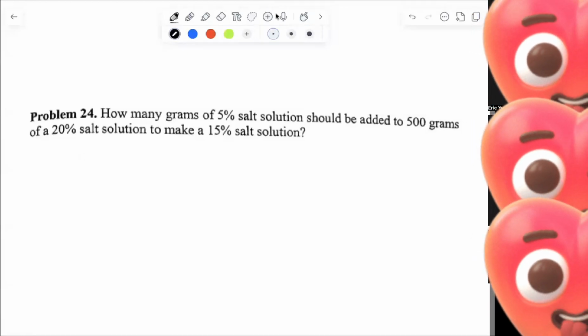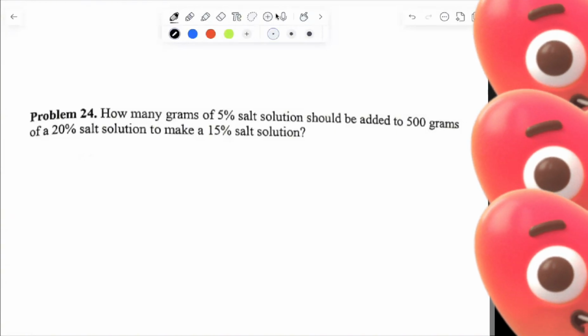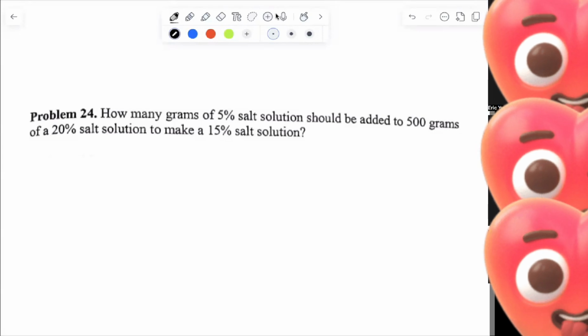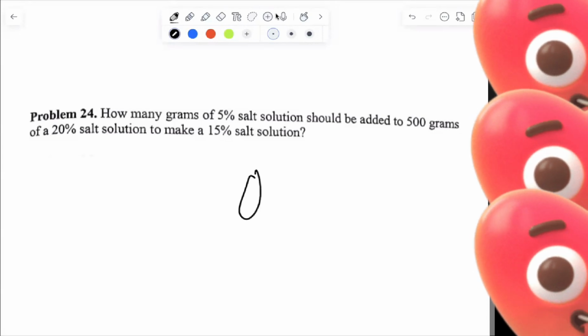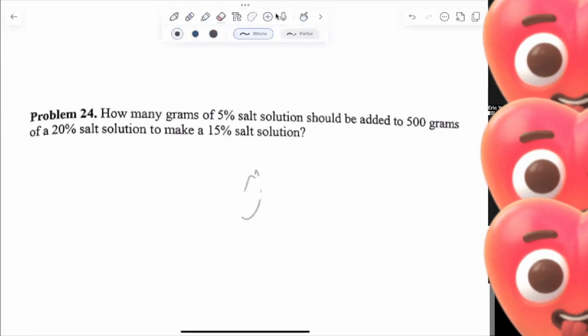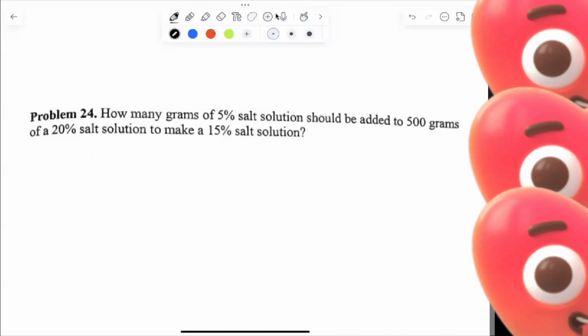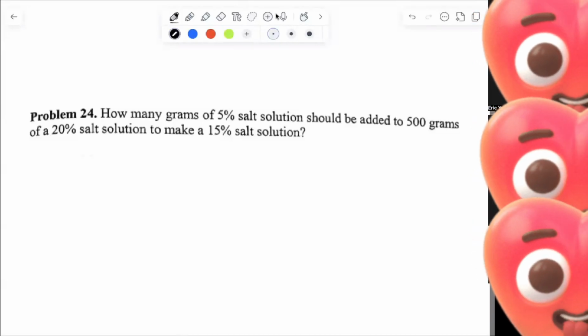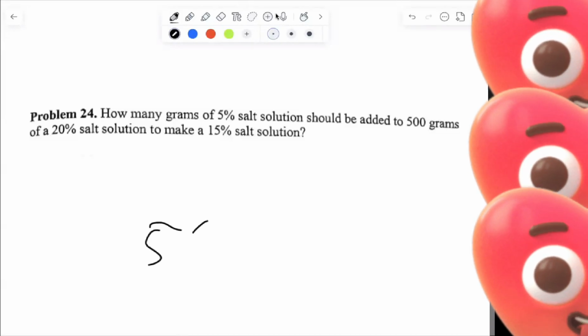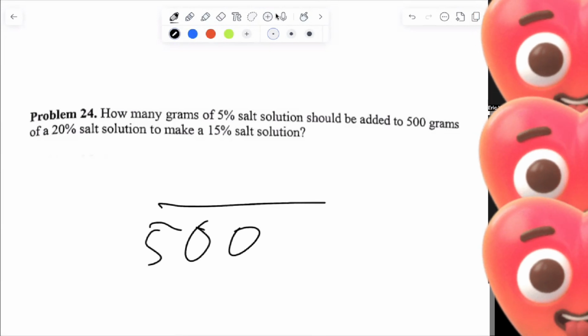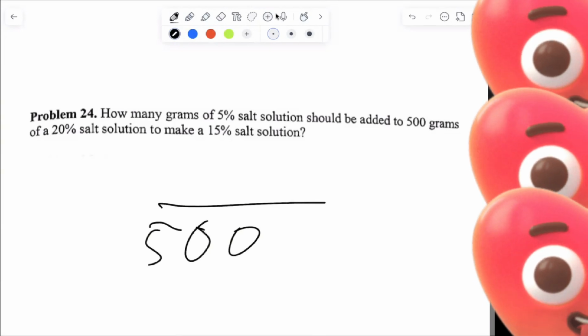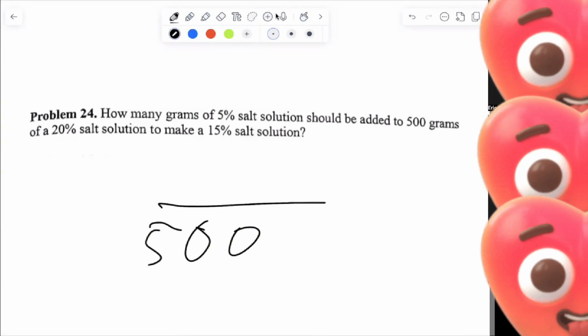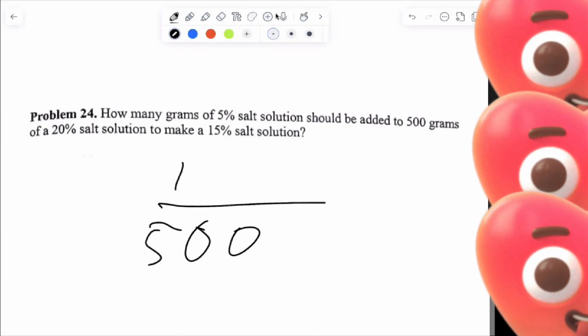Let's get started. So basically, how we are supposed to do this question is that you want 0.5% solutions. So basically, 500 grams of a 20% salt solution, which is 500 times 1/5, which is just 100.